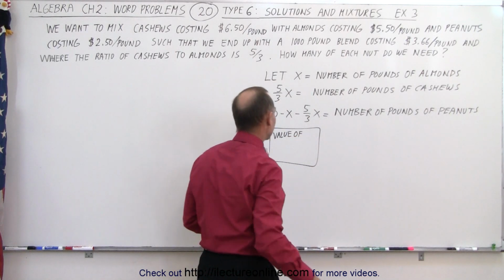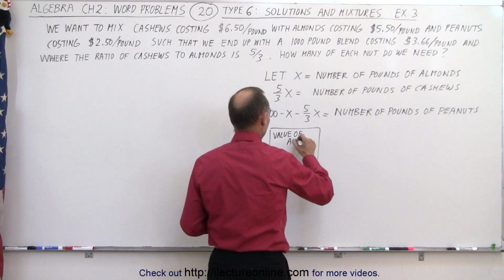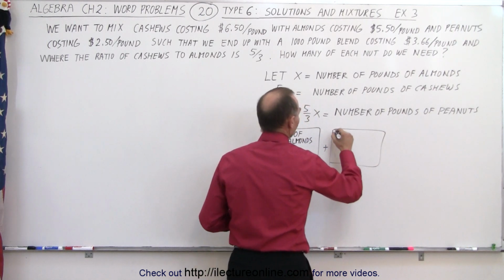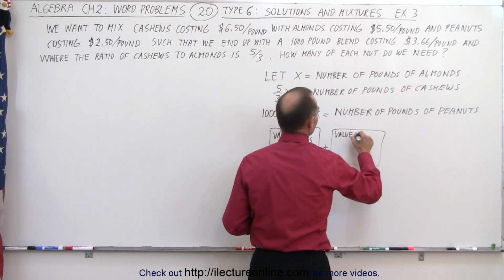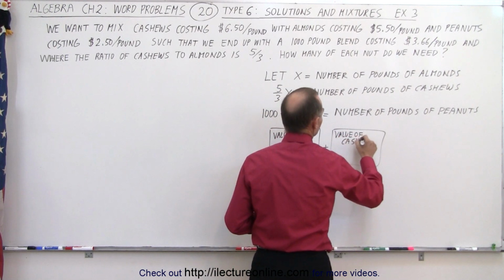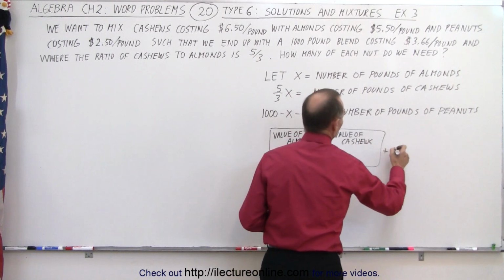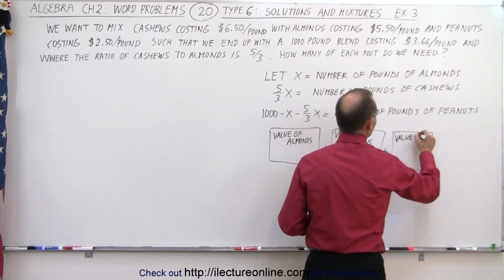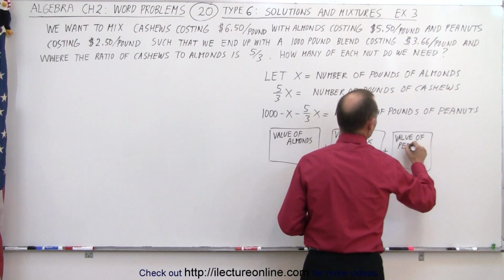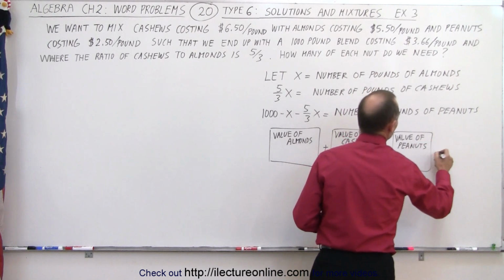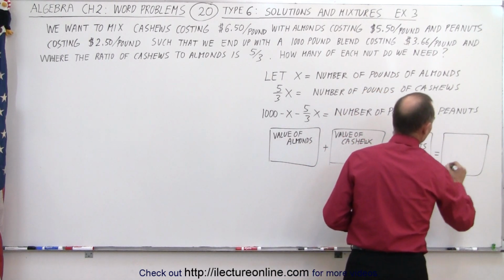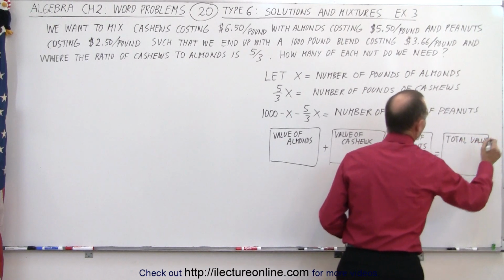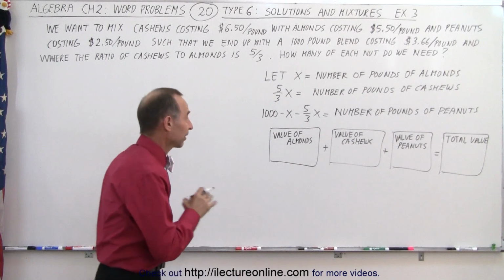The value of almonds plus the value of cashews plus the value of peanuts should equal the total value of the final blend.